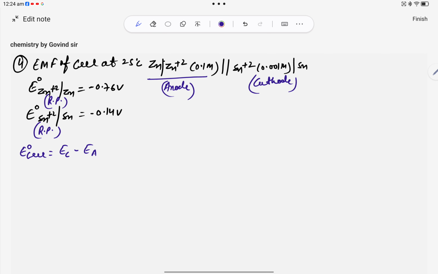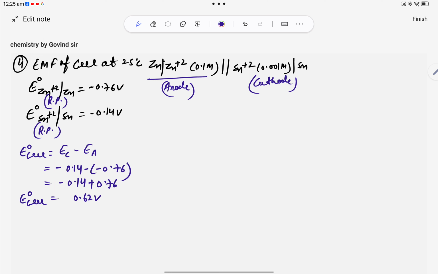Put the value: minus 0.14 minus minus 0.76, so from here plus 0.76, so the answer is coming 0.62 volt, that is E naught of cell.